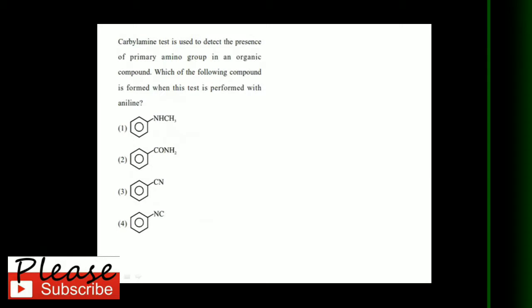Now the carbylamine test is used to detect the presence of the primary amino group in an organic compound. Which of the following compounds is formed when this test is performed with aniline? Okay, we know that aniline in the carbylamine reaction, that means with chloroform and alkali KOH, phenyl isocyanide is the product.